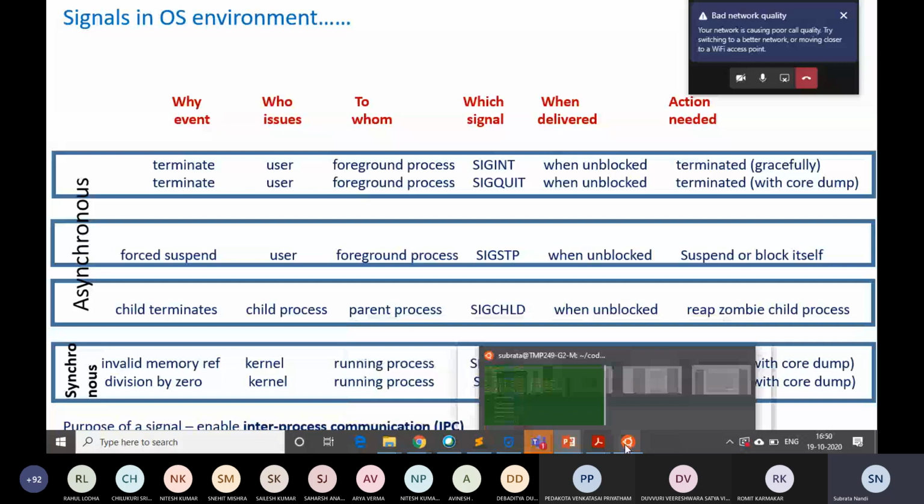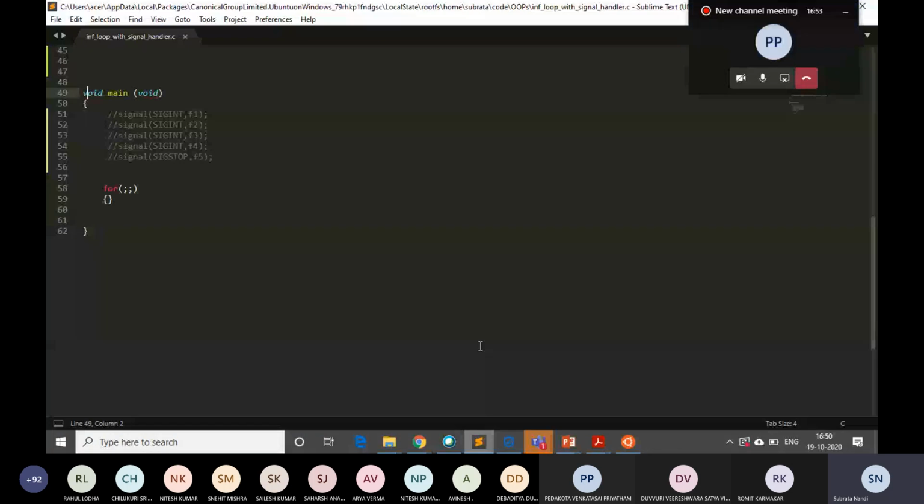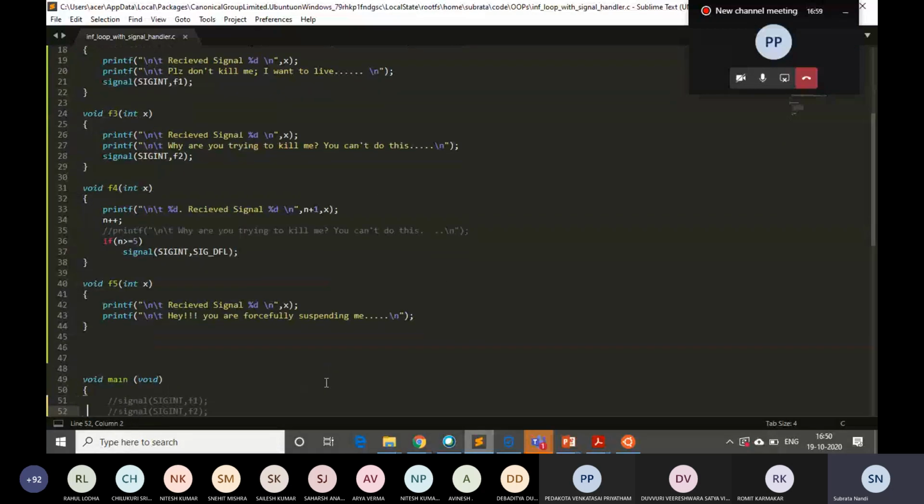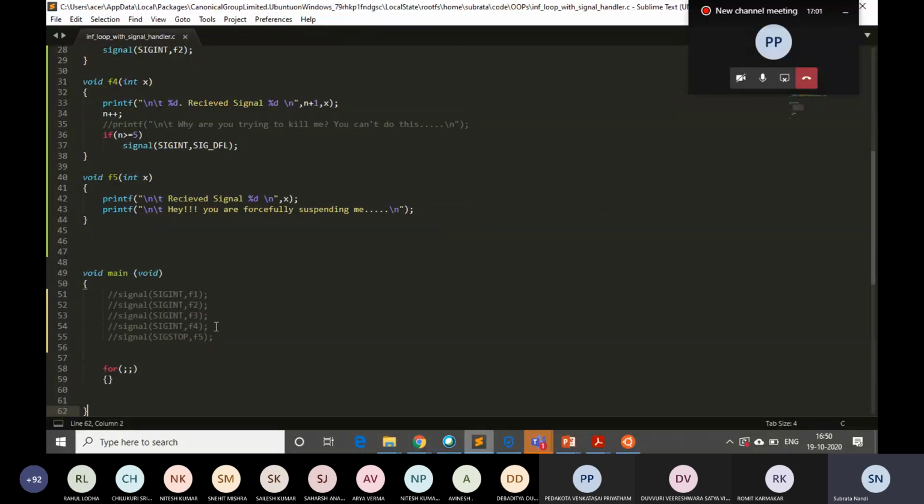Say a particular program, just ignore all the details of f1, f2, these functions, and just focus on this. In the main function, what is written? It is just an infinite for loop, and it does basically nothing, because we have commented out all other statements.